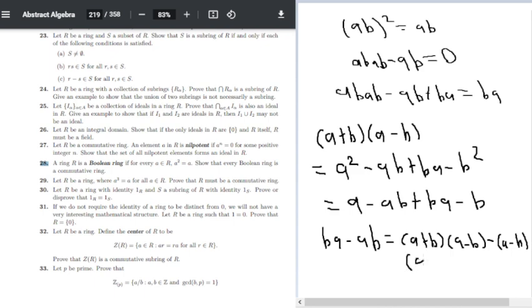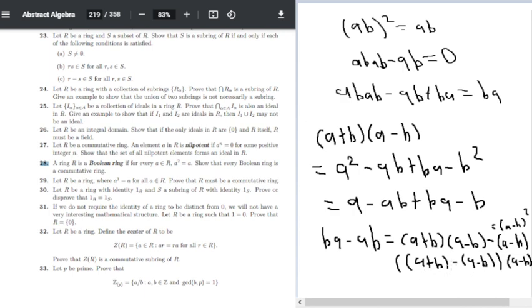And this is actually equal to a plus b. We can multiply this by itself because this is equal to (a minus b) squared. This is equal to (a plus b minus a minus b) all times (a minus b). Oh, okay, that's nice. That's very nice.